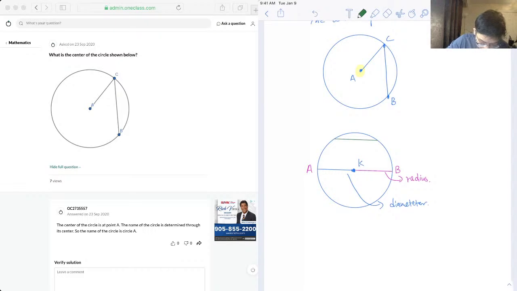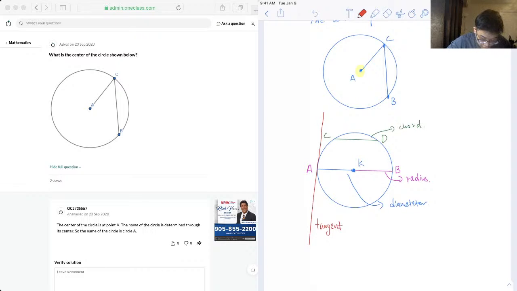And also if we have a CD, CD is what we call the chord, which does not cross the center of the circle. And as you can see, the red line here is what we call the tangent.